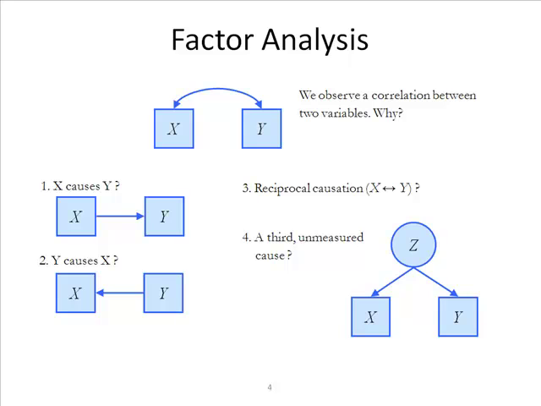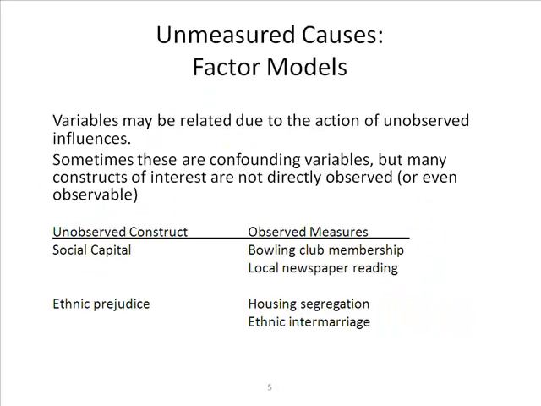And this is a factor analysis situation, when you've got some unmeasured, unknown, latent variable that is causing apparent correlations between variables. Now, in the social sciences, these kinds of unmeasured things, unmeasured constructs, latent concepts are very, very common.